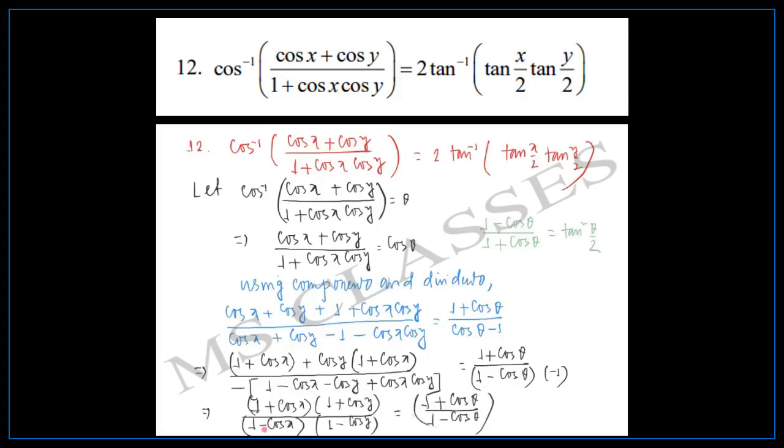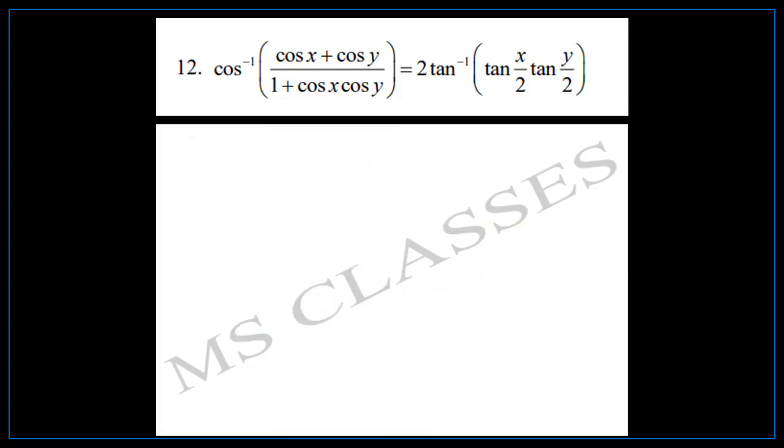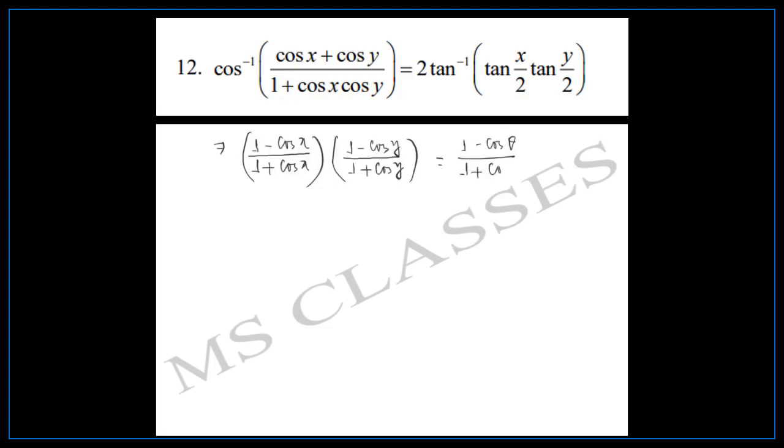Now take the reciprocal and write the simplified step: 1 minus cos x by 1 plus cos x into 1 minus cos y by 1 plus cos y equal to 1 minus cos theta by 1 plus cos theta.